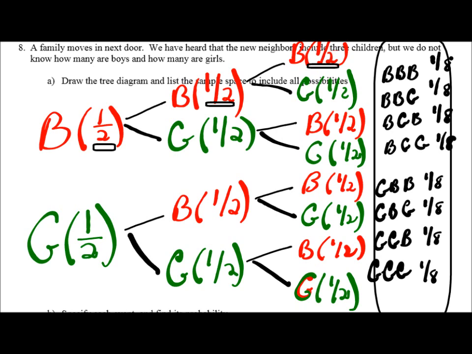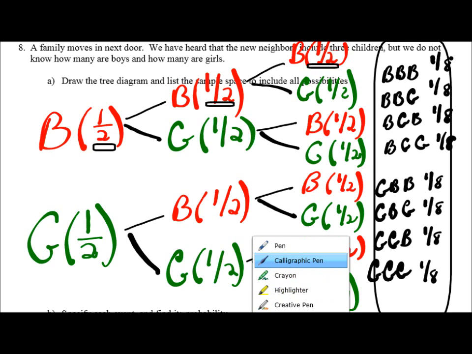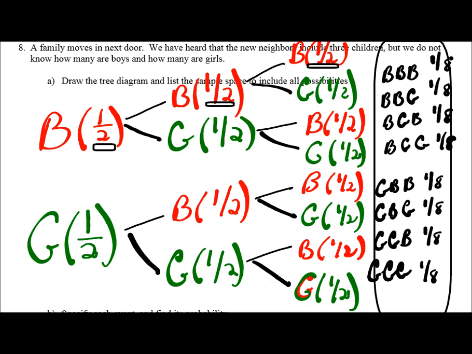Well, let's see where that actually happens. All right, so let's take a look. We want to know 2 girls and 1 boy. Well, here's 2 girls and 1 boy. Here's 2 girls and 1 boy. Here's 2 girls and 1 boy. So it looks like 1/8, 1/8, 1/8.